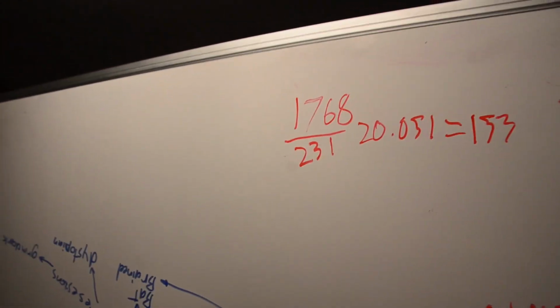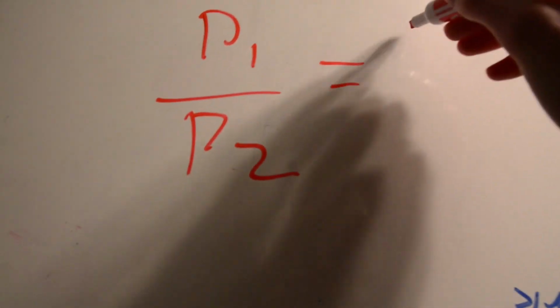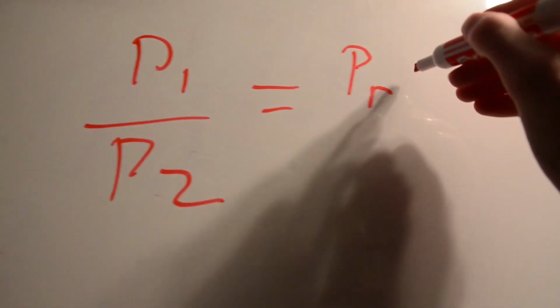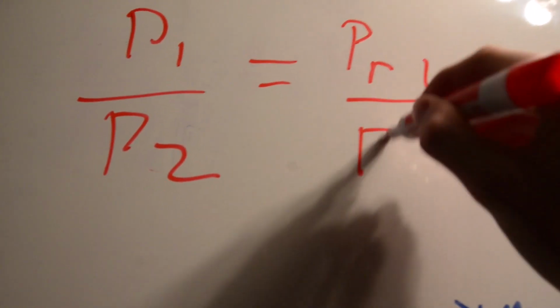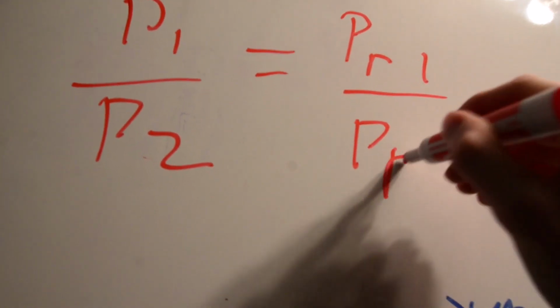Because if I do the pressure 1 divided by pressure 2 is equal to the relative pressure of 1 divided by the relative pressure of 2.